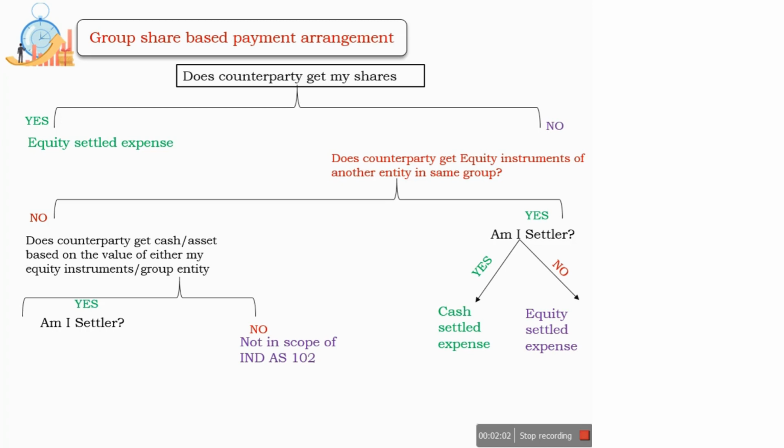And if the answer is yes, the next question is, am I the settler? Similar to the earlier transactions, if the answer is yes, it will be treated as a cash settled transaction. And if the answer is no, then it will be treated as an equity settled expense.